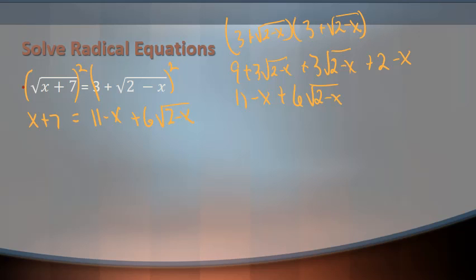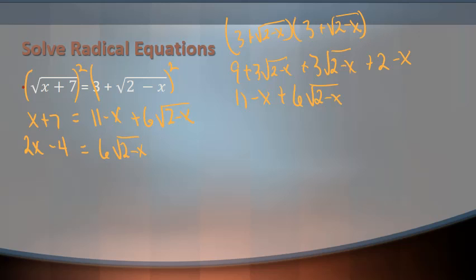So I've got a radical still on the right side, but I could move the 11 minus x over. So let's see, negative x, if I move it over, that's going to give me 2x, x plus x, 2x. And then I'm going to subtract 11 from both sides. 7 minus 11 is going to give me negative 4 equals 6 square root of 2 minus x.